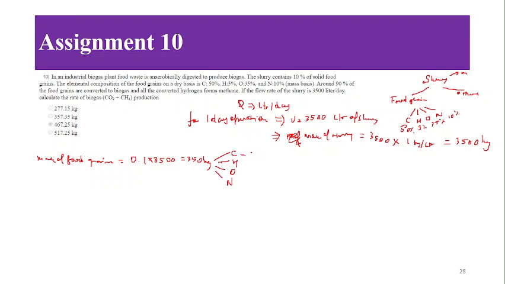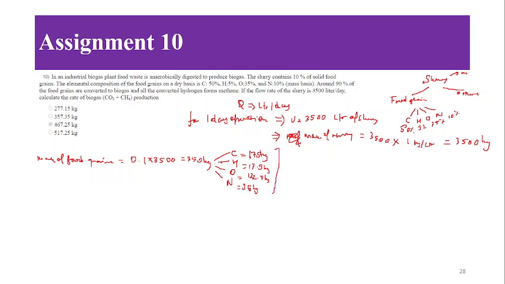So 50% of 350 gives us 175 kg, and this is 5%, so 17.5 kg. This is 35%, so 122.5 kg, and this is 10%, so 35 kg.